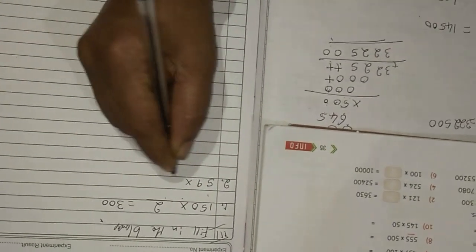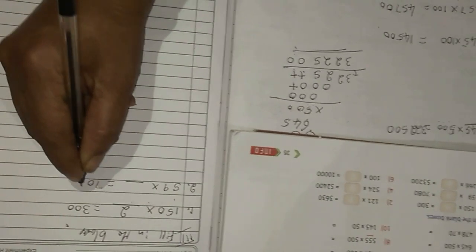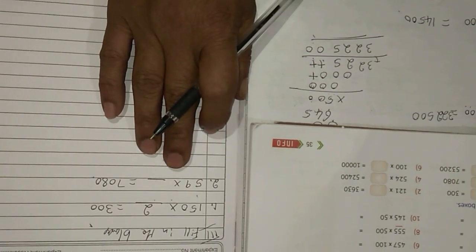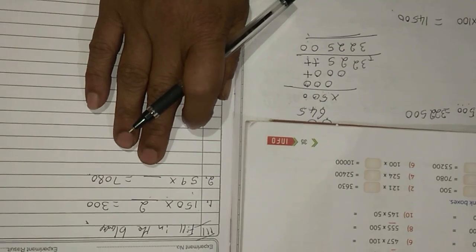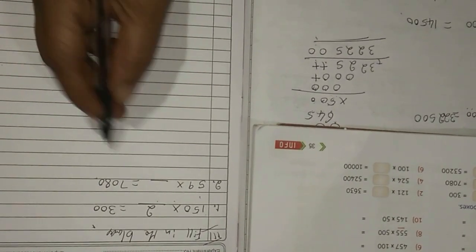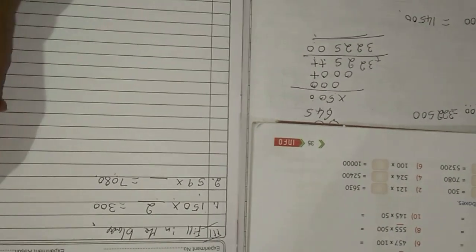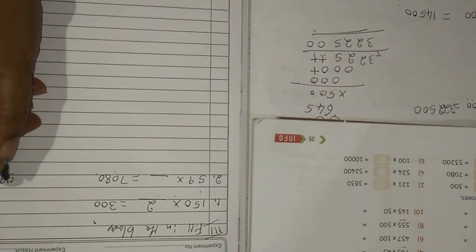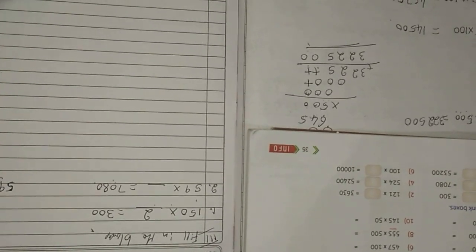So okay, second sum. 59 into dash is equal to 7080. 7080. How many tables must it go? You have to learn, so it is difficult. You have to write till 59 tables, till how much it will get. So better you divide this number by 59. See, 7080 divided by 59. So now it was easy.